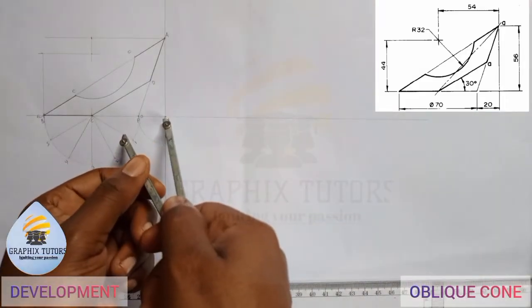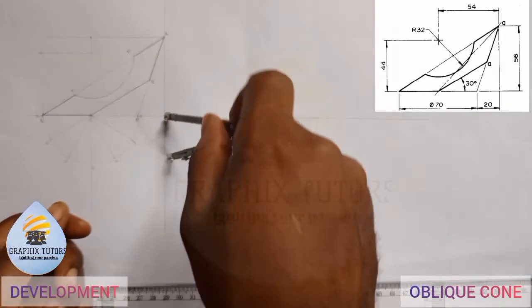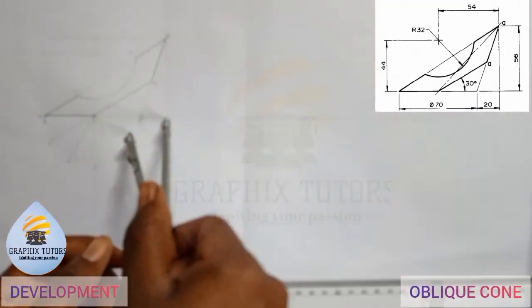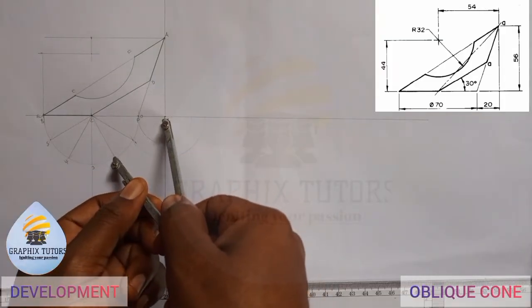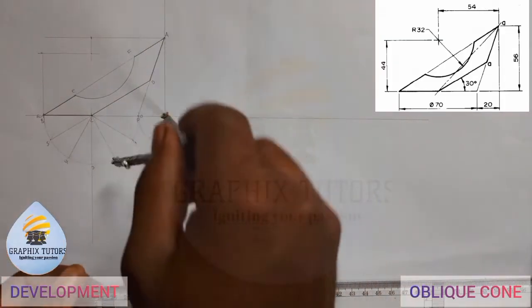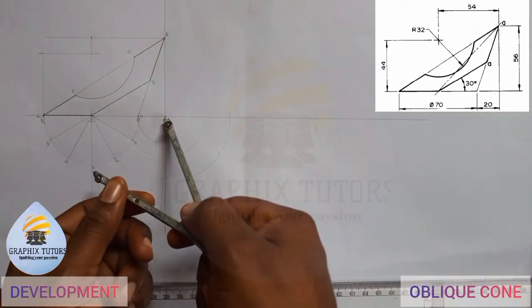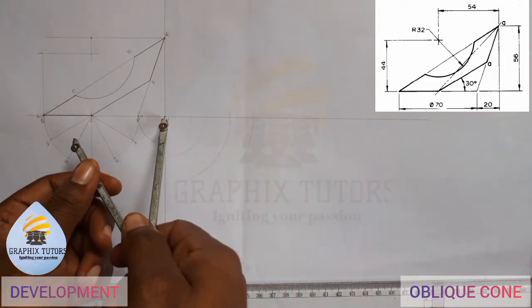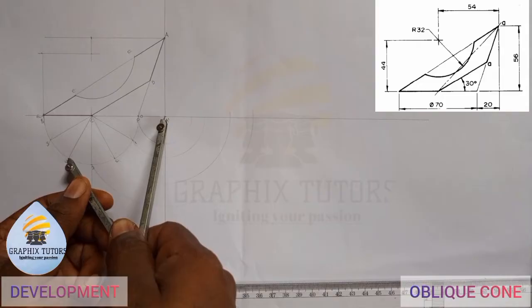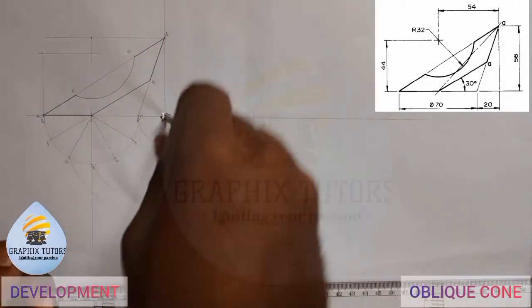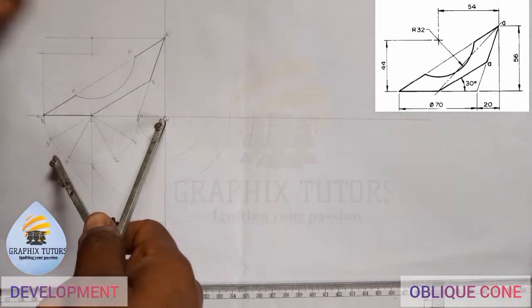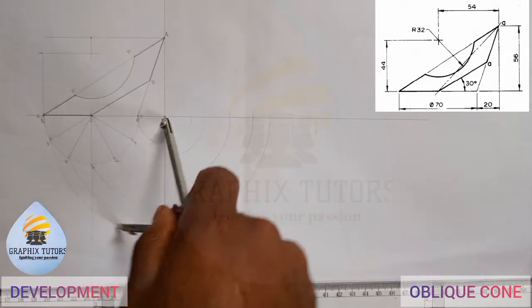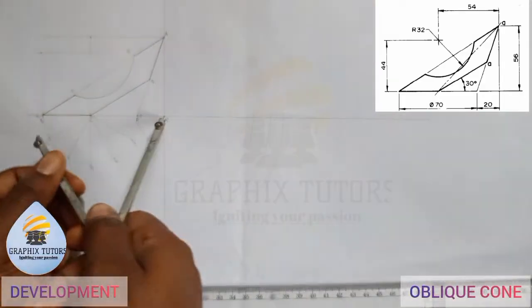From the same thing here, 1, to the same thing here, 2, to the same thing here, 3, to the same thing here, 4, to the same thing here, 5, to the same thing here, 6.